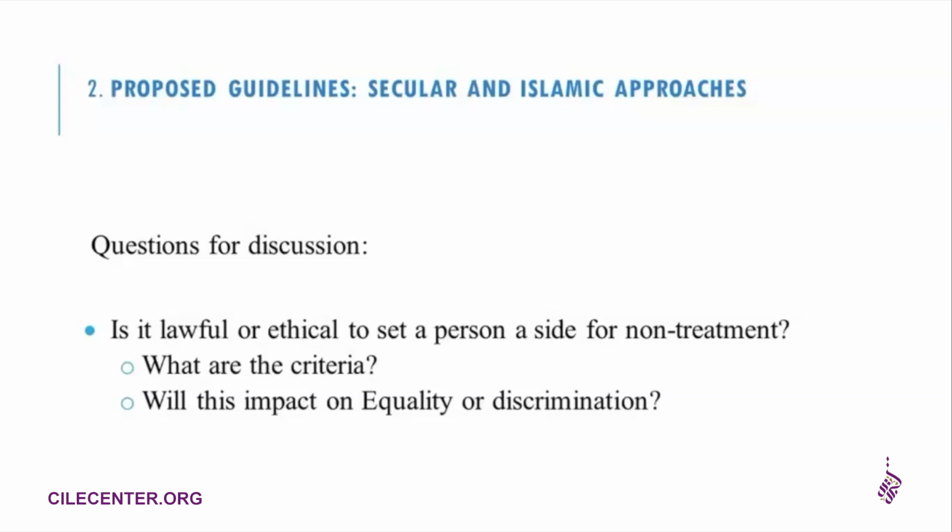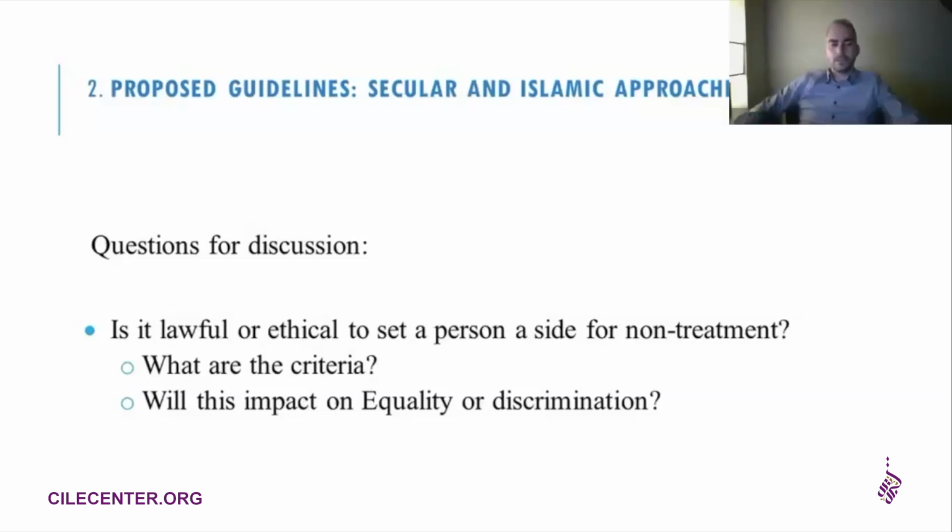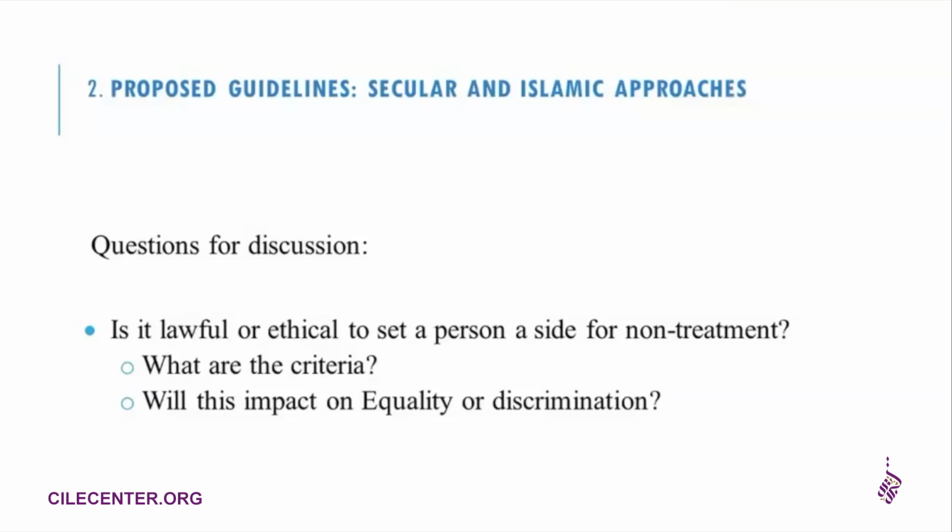For instance, there are some criteria that were proposed by the British government, and one of them was the QALY. I don't know if you're familiar with that one. It's a point system, I'm not entirely clear on how they calculate it, and if you have more or fewer points, that determines how high on the criteria list you are.